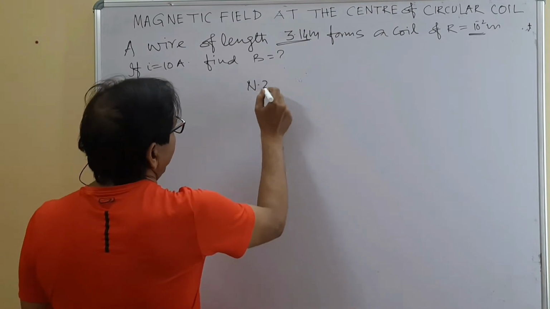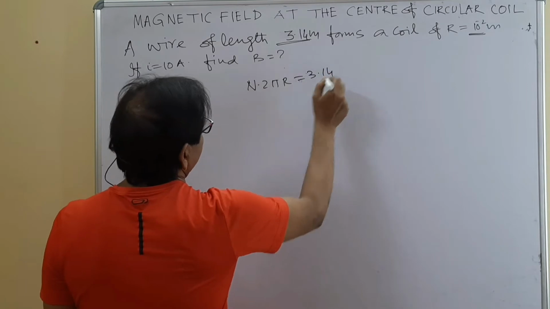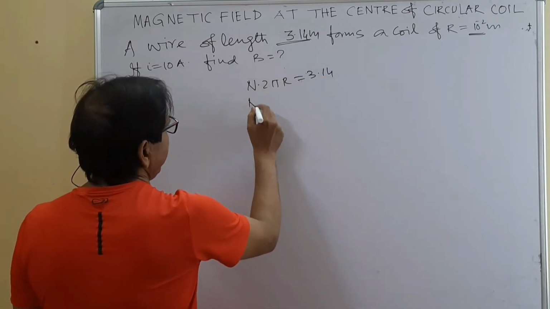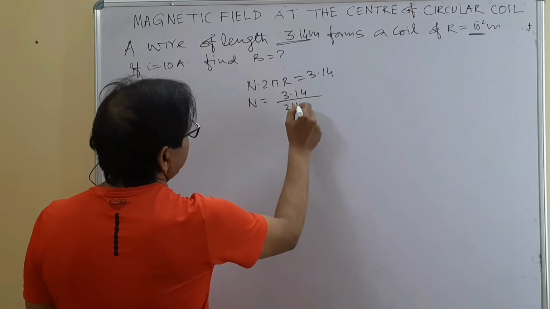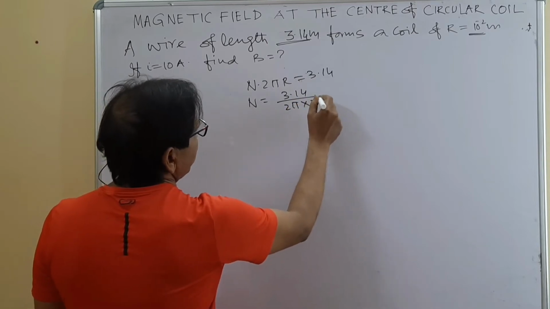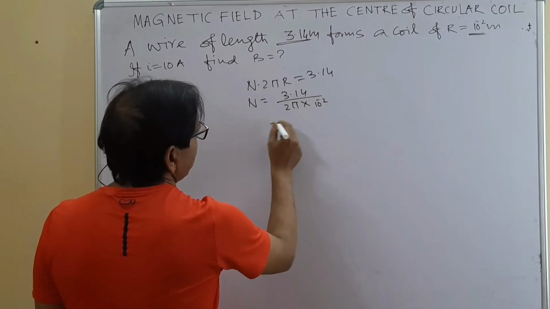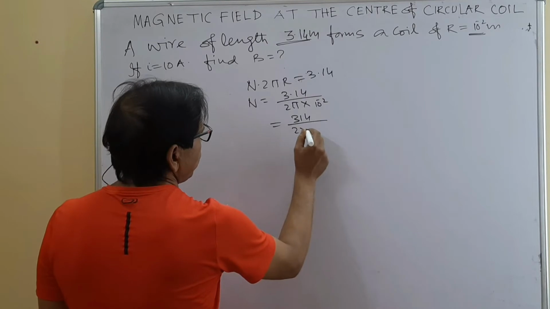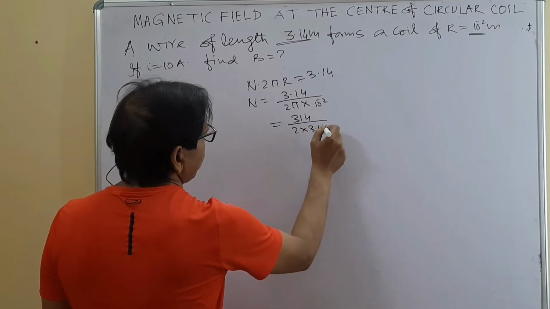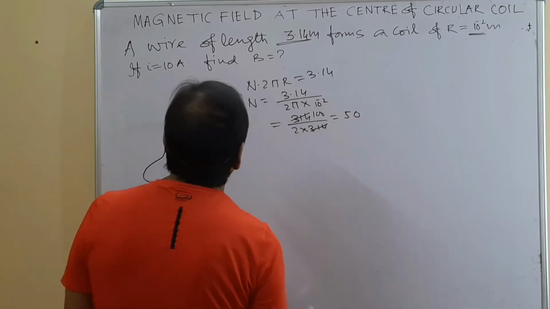Number of turns n into 2 pi r equals 3.14. So n equals 3.14 divided by 2 pi into 10 to the power minus 2. Therefore 314 divided by 2 into 3.14. This is 100, so this is 50.